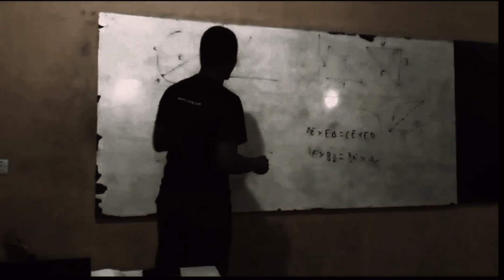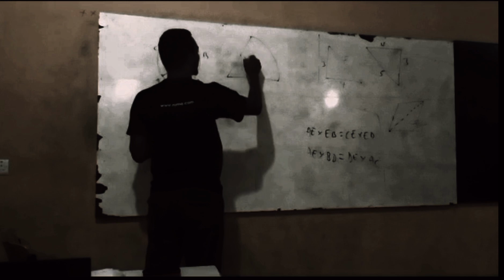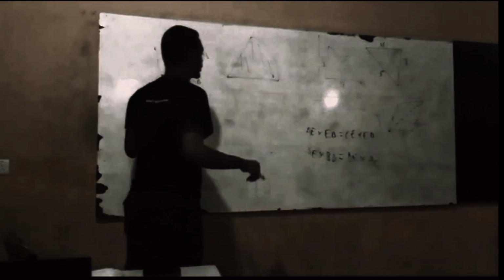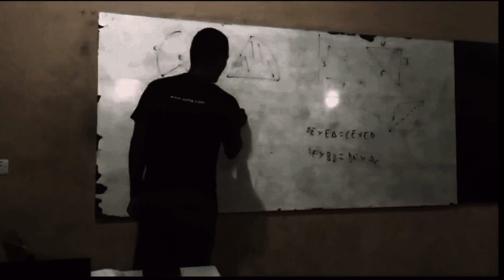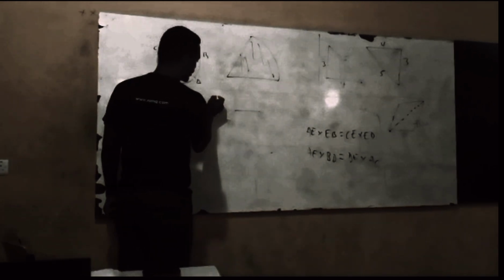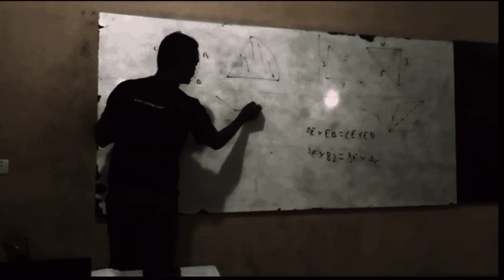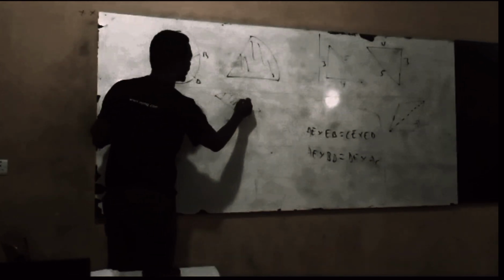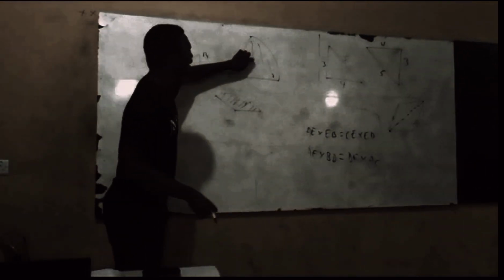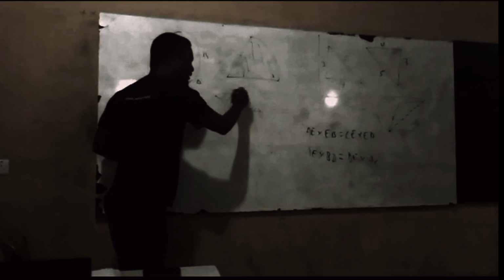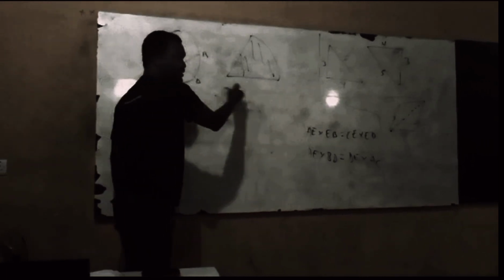If you have shorter arms, you sweep a smaller area. That does not mean that this angle is bigger than this angle. It's about the extent of rotation.